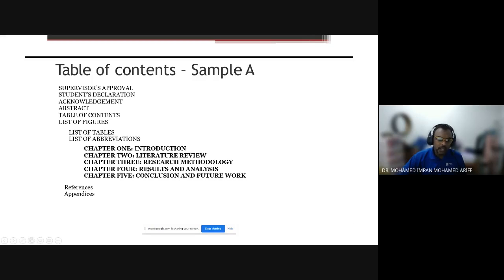So what are your results and how do you analyze your results? Just to give you a brief idea, if you are developing a mobile application or a system, what is your result? Your result is the system itself. So what is the result of your project? The result of your project is the application itself.